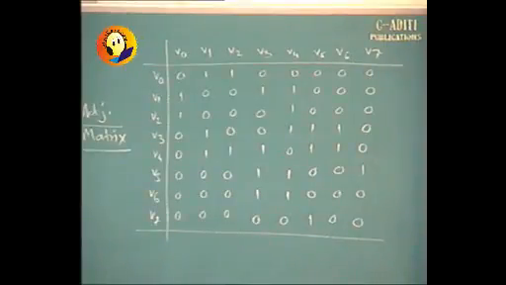So if you take the sum of any row in this particular matrix, then you will be getting the degree of the corresponding vertex, or any column, of course.